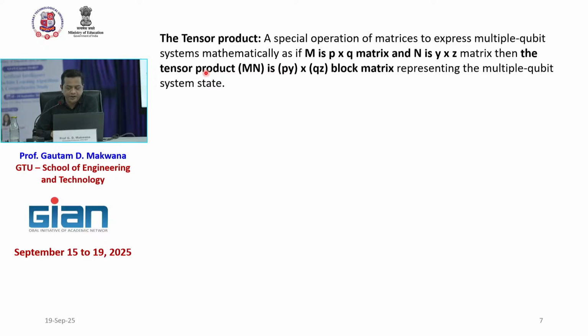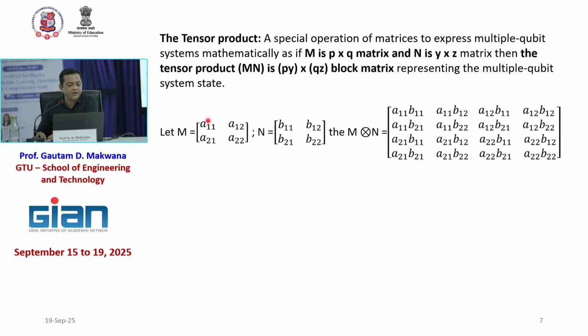And this principle is used to represent larger multiple qubit quantum systems. So this is just an example here. Let M equal this 2 by 2 matrix and N be a 2 by 2 matrix, A11 and A12 like this. And this is the notation of the tensor product, M and N tensor product.